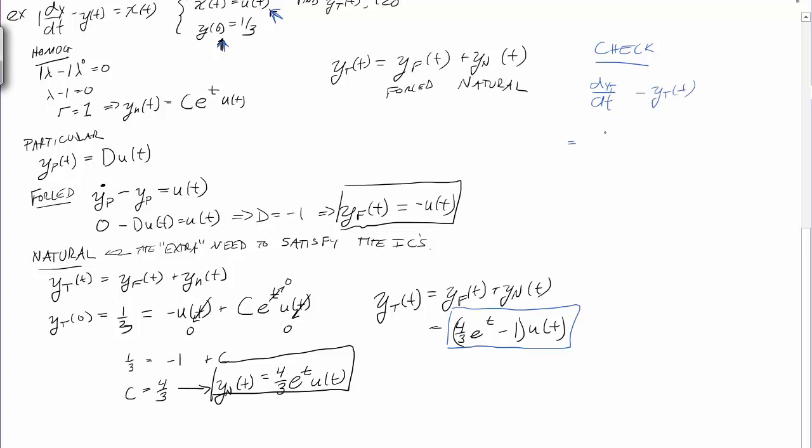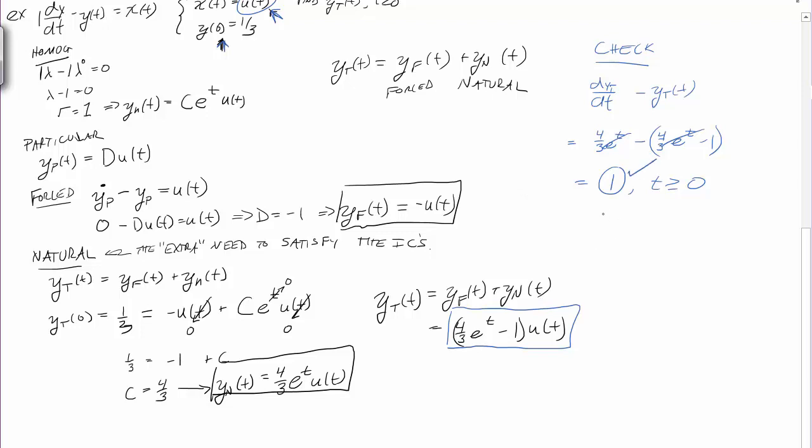Well, we get 4/3 e to the t. The -1 differentiates to 0, and then we subtract 4/3 e to the t minus 1. Well, we get some pretty healthy cancellation. We just get 1. So if you recall that this solution is only valid for positive time, we see that the 1 here is in agreement with our forcing function. Okay, so that gets the check mark.